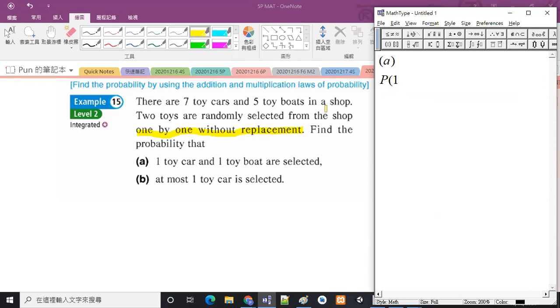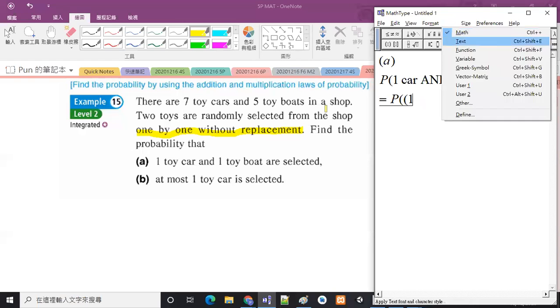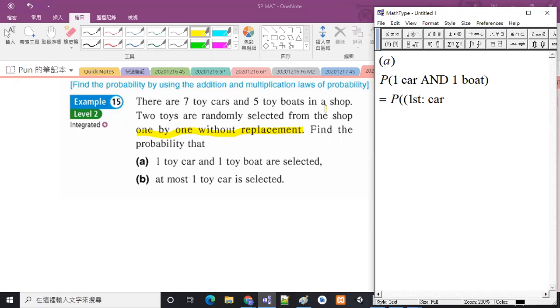OK，so part A. I want one toy car and one toy boat。大家都係 toy，我就唔寫個 toy 字啦。OK，one car and one boat。好啦，嗱，但係呢度小心啲喎，小心啲喎。咁第一架係 toy car 定係第一架係 toy boat 呢？有冇話㗎？有冇指明第一架要係 toy car 定係第一架要係 toy boat 呢？冇指明到喎，係嘛？冇指明到嘅話，我哋就要 consider 兩個 case 啦。First is car, and second, at the same time, second is a boat.